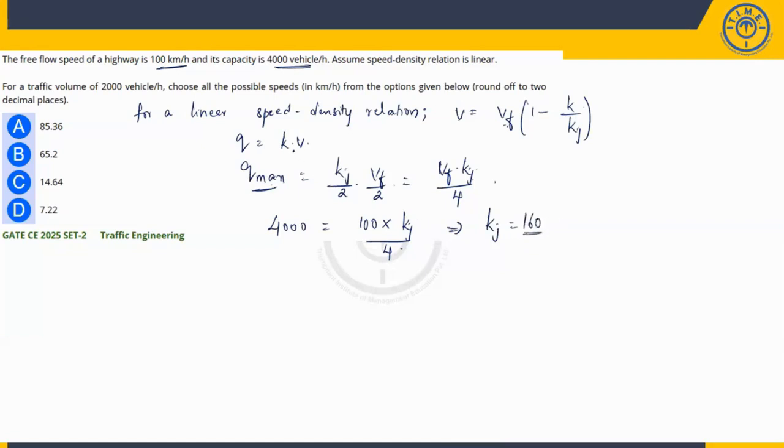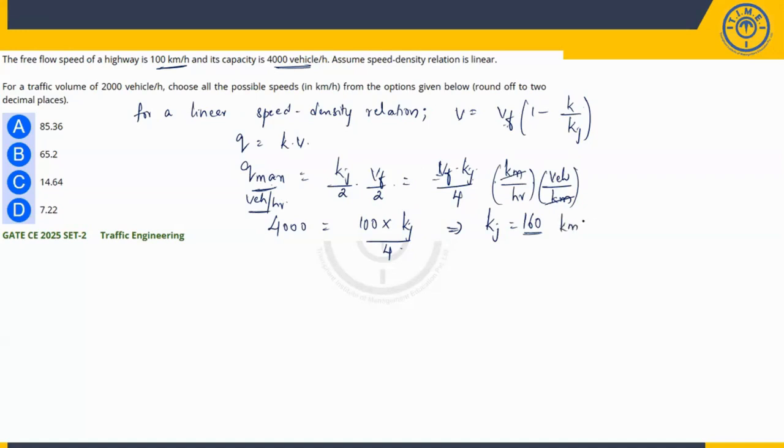What is the unit, my dear students? Q is in vehicles per hour, and Vf units is kilometer per hour. Therefore, density should be vehicles per kilometer, so that kilometer gets cancelled and you will be having vehicles per hour.